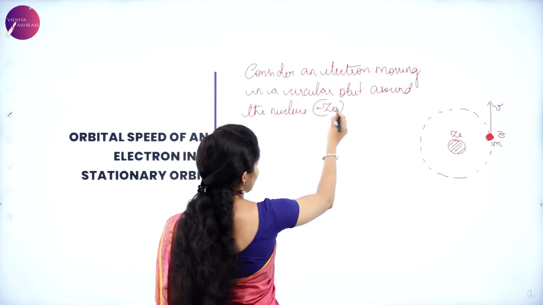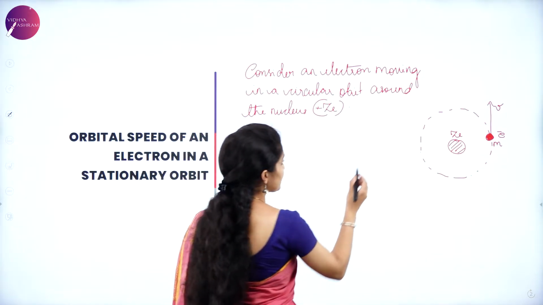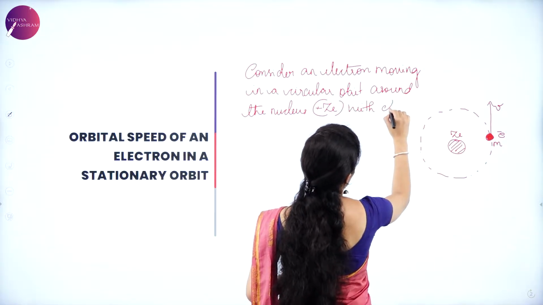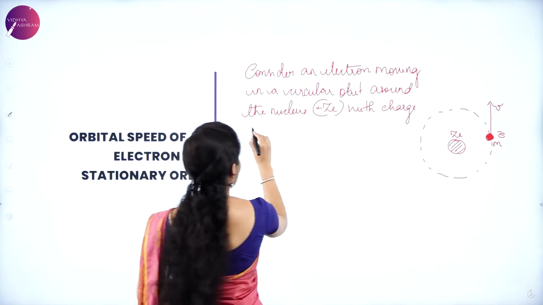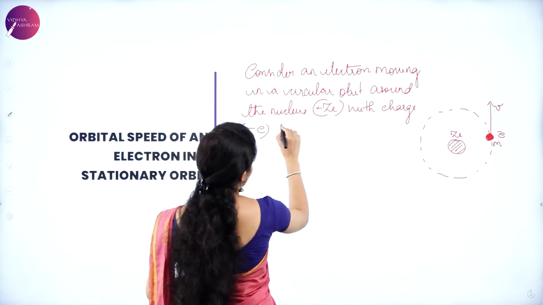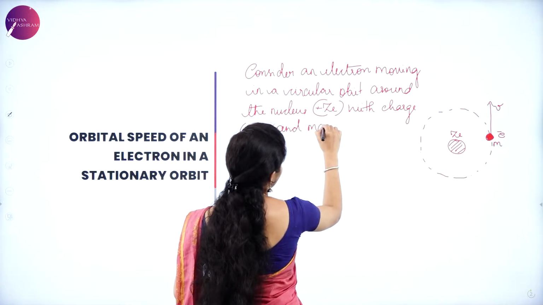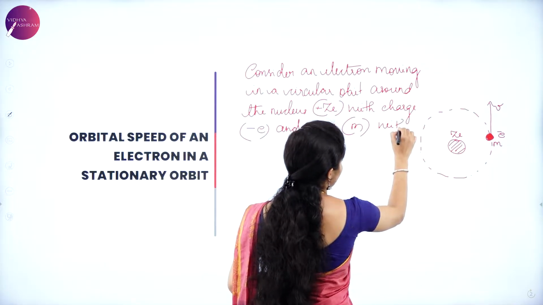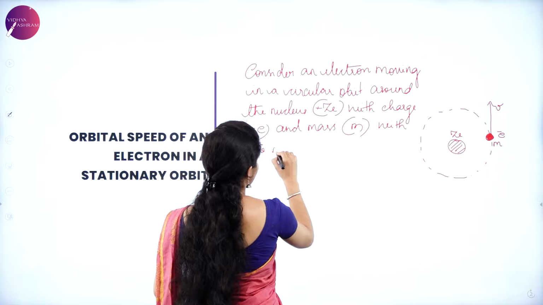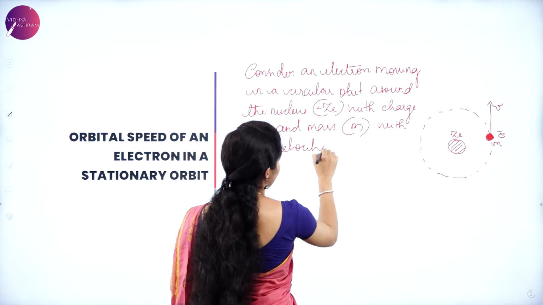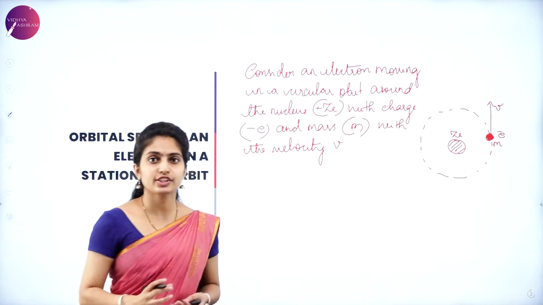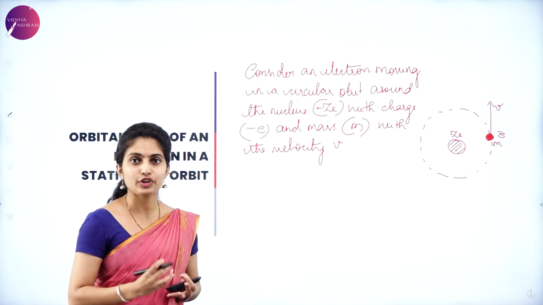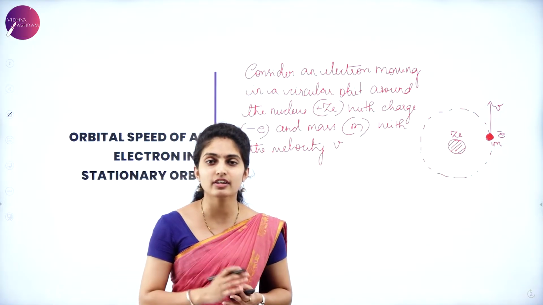Consider an electron moving in a circular orbit around the nucleus with charge -e, and mass of the electron m, with the velocity, that is the orbital velocity, v. So these are the initial conditions of the orbital velocity of the electrons revolving in the stationary orbit.